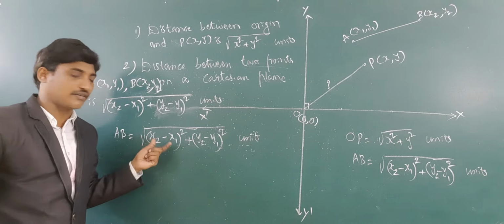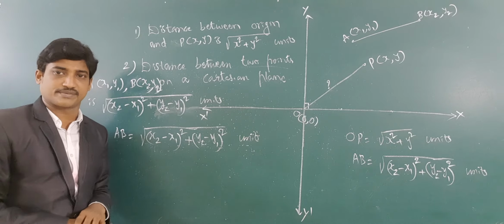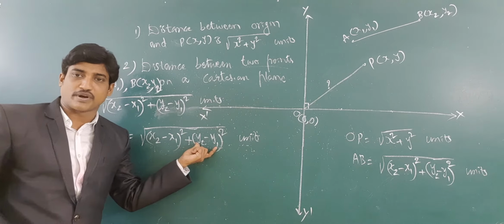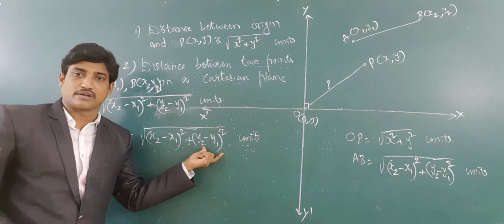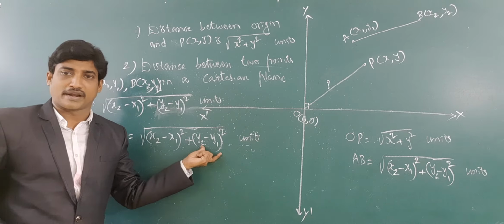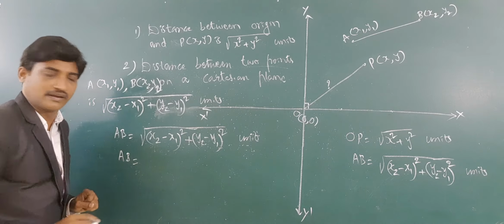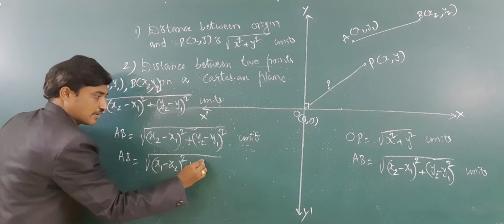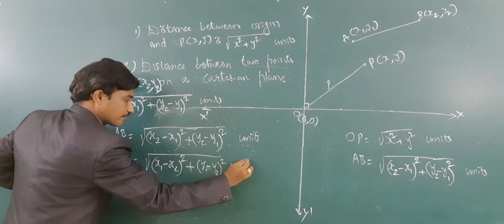As there is a square for the difference of x coordinates and a square for the difference of y coordinates, this is always non-negative. The square of y2 minus y1 is also non-negative, so this formula we can write in another manner: root of (x1 minus x2) whole square plus (y1 minus y2) whole square units.